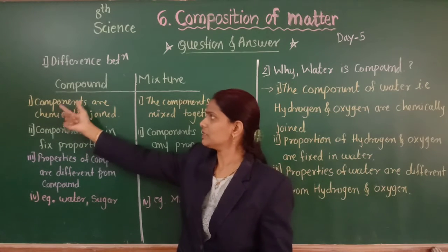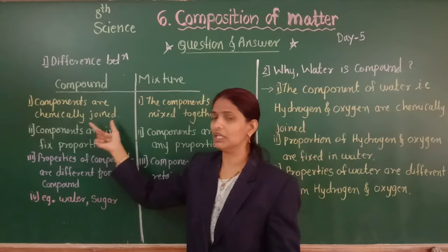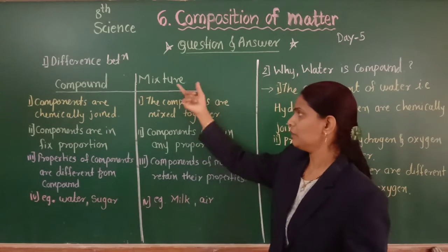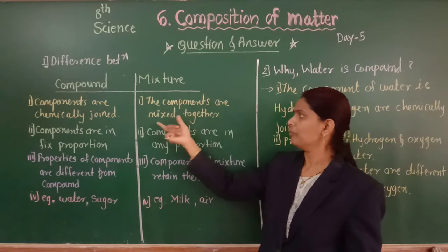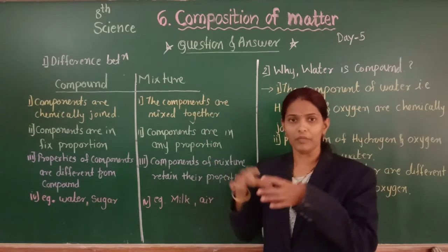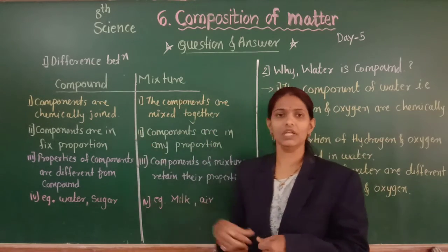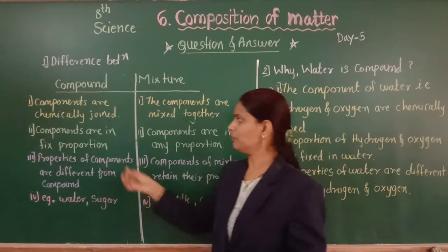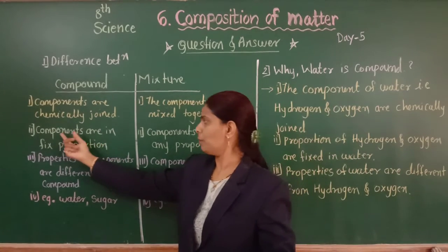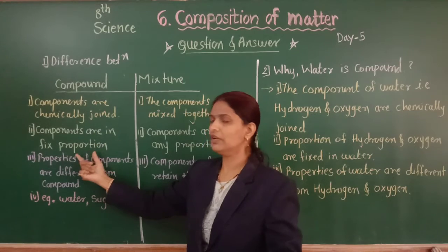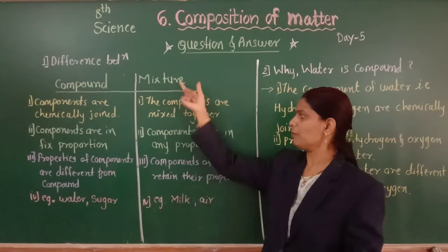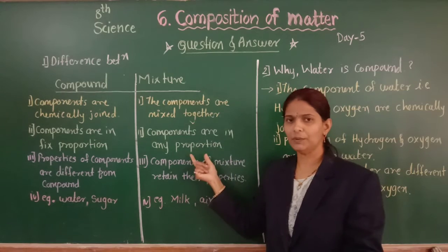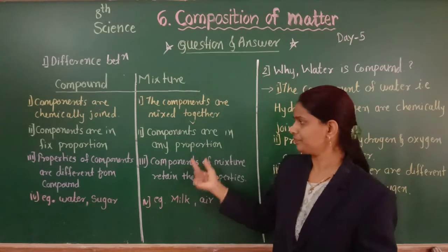In a mixture, the components are only mixed together, not chemically joined. The second point: the components of a compound are in fixed proportion, and the components of a mixture are in any proportion.